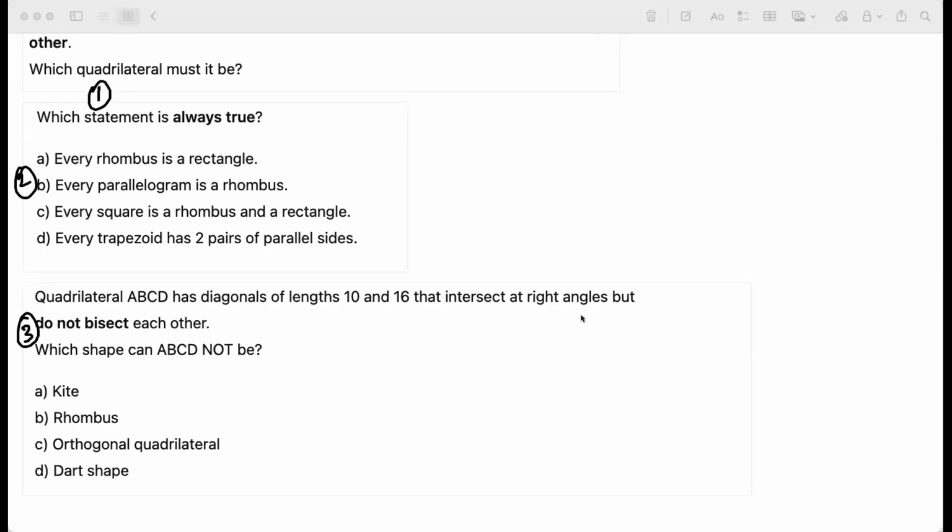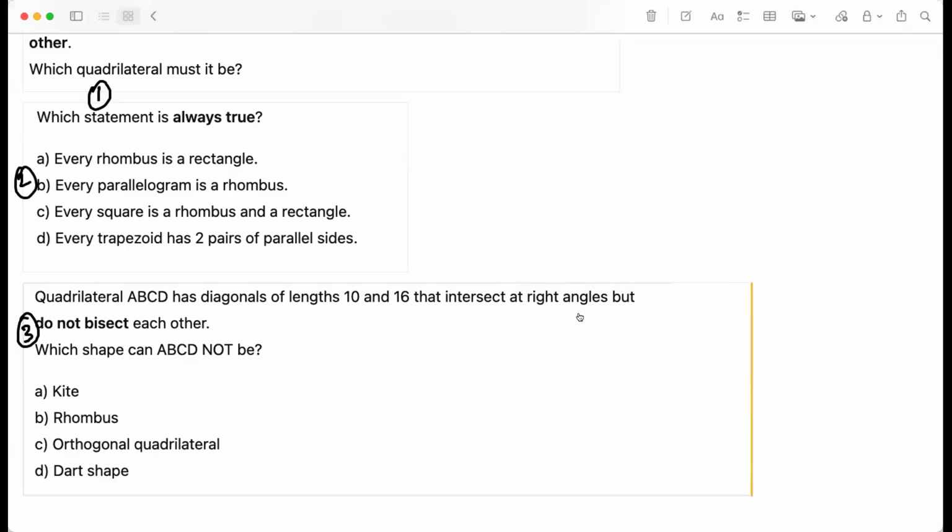Prisha, did you get it? I'm going to move on to 3. Quadrilateral ABCD has diagonals of length 10 and 16 that intersect at right angles but do not bisect each other. What shape can ABCD not be? Intersect at right angles means they are perpendicular. That's hard. They intersect but do not bisect each other. Something feels wrong there.